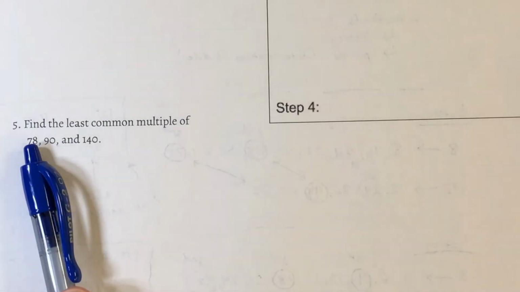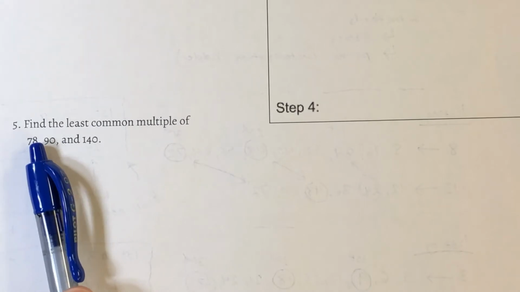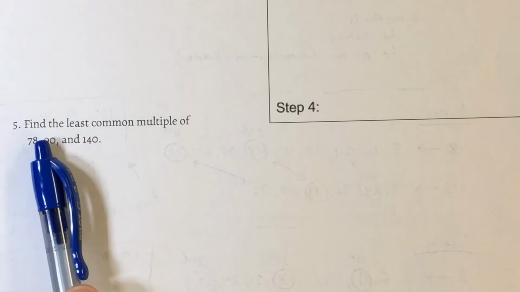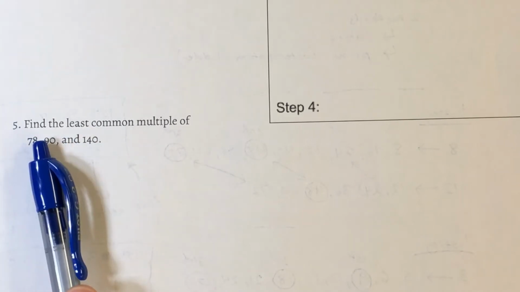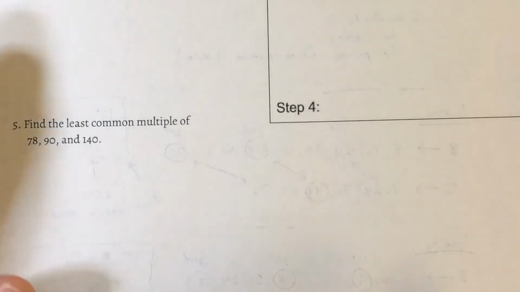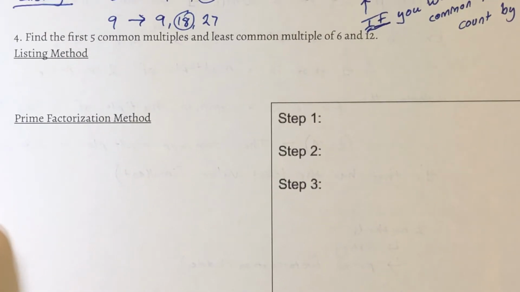It's called example 5. I'm going to show you what's going to happen if you just learn one method. Not all methods are easy and efficient for all problems. You have to know how to do it other ways. Otherwise, some problems could take you hours and hours and hours, and we don't have time for that. Math should be fun, not horrible.